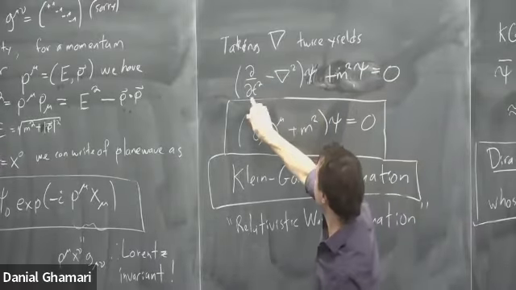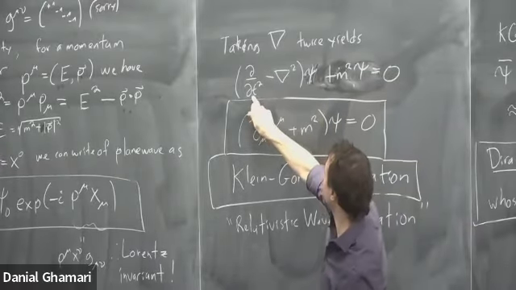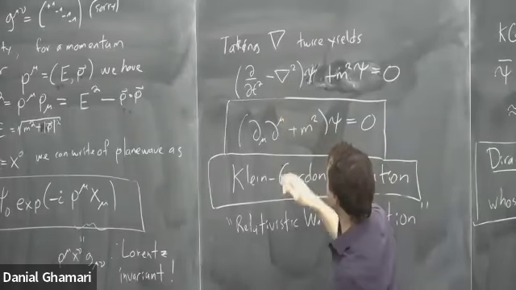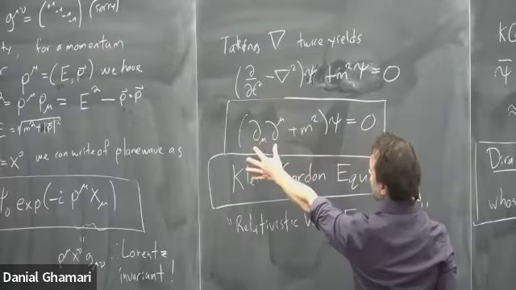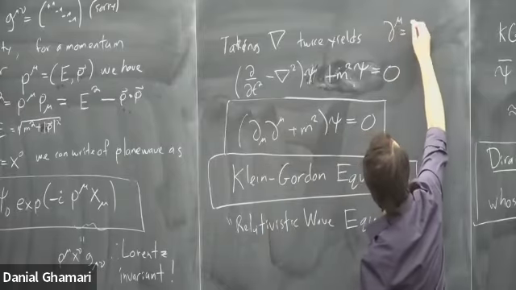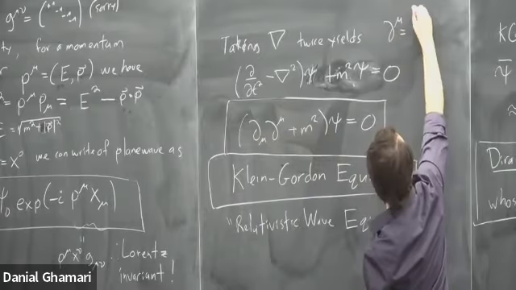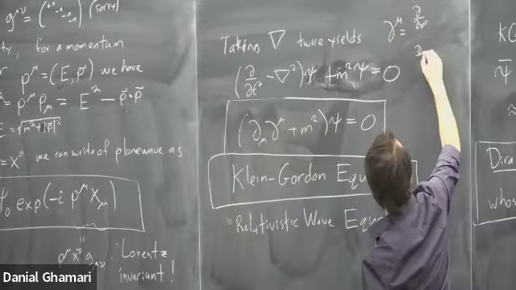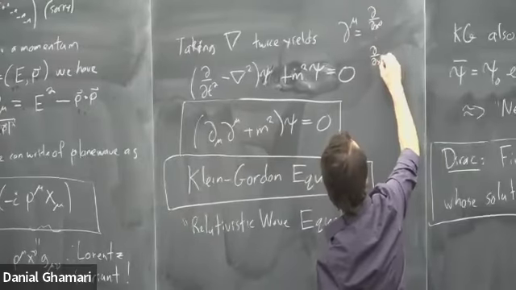And if you recognize this as the x0 coordinate, and these are the x1 through x3 coordinates being differentiated, this is actually just a contraction of this sort of called a partial derivative vector, right? It's del by del x0 down to del by del x3.